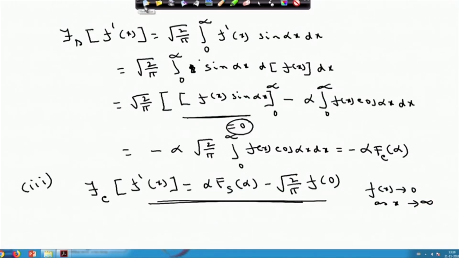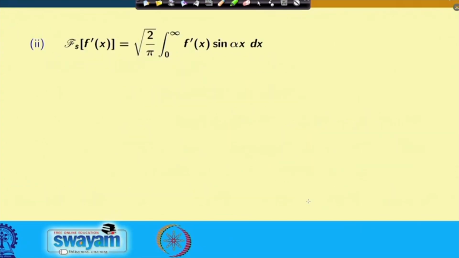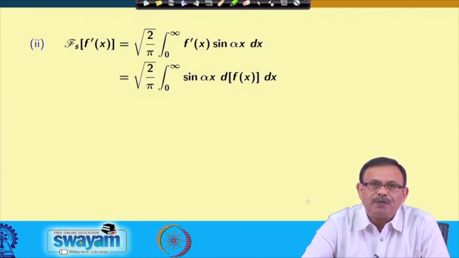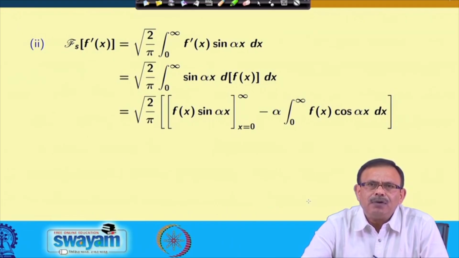So, again let us say quickly the second one, that is the Fourier sine transform of f dash x I am finding out. So, this is root over 2 by pi sin alpha x into d of f x. This I can break using integration by parts. The limiting value of the first term will be 0 because f x approaches 0 as x approaches infinity, and the second integral is nothing but the Fourier cosine transform of the function f x.